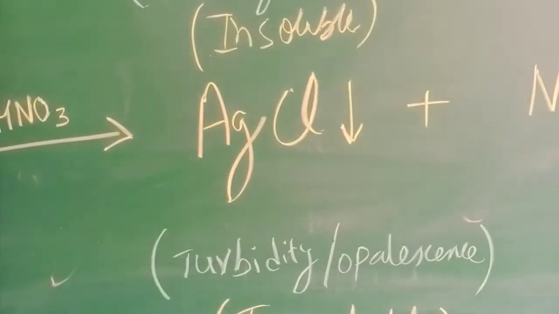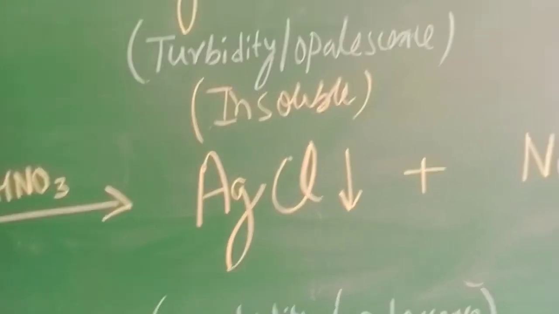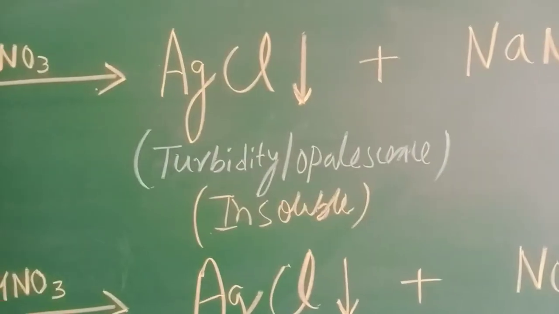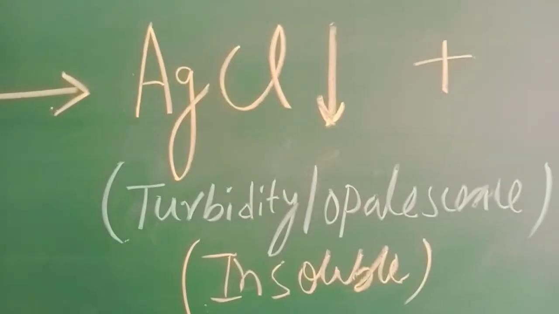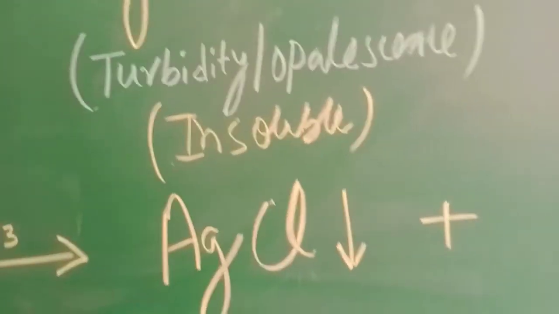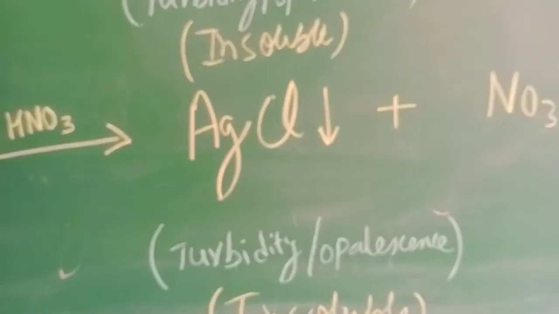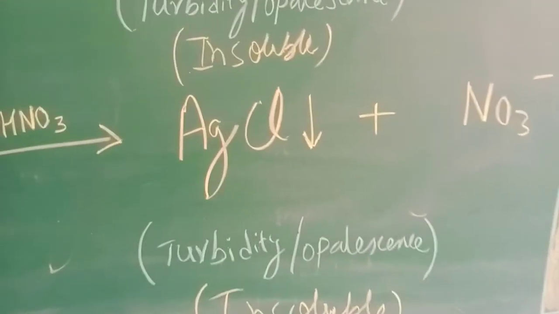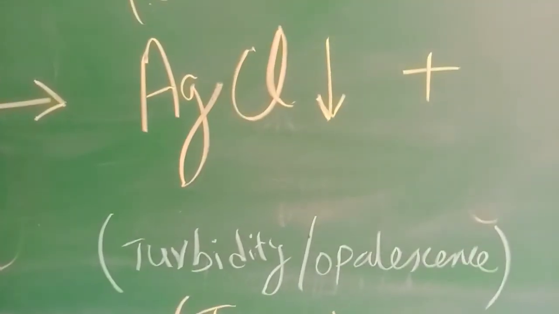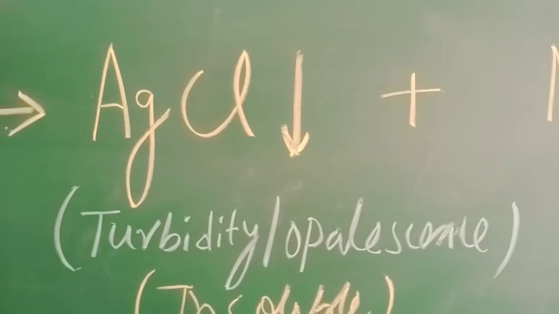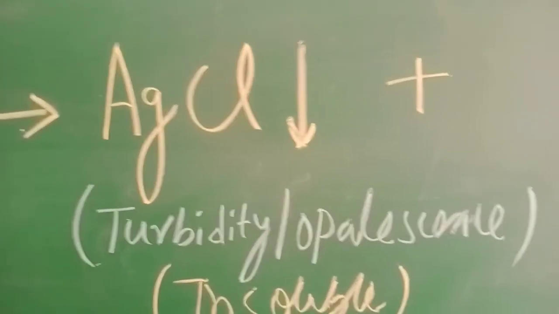So, if this silver chloride, whatever is produced in test solution or in standard solution, is compared in terms of turbidity, we can anyhow judge whether whatever chloride is present in test solution is present well within a limit or not.